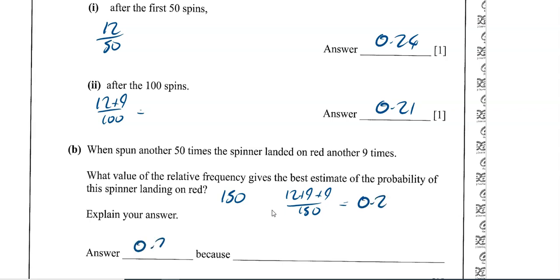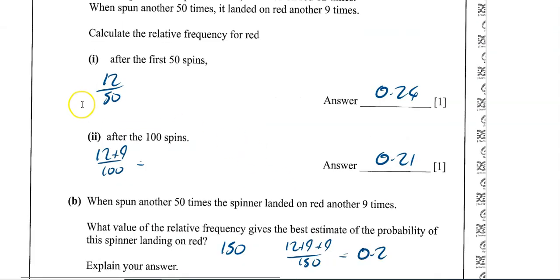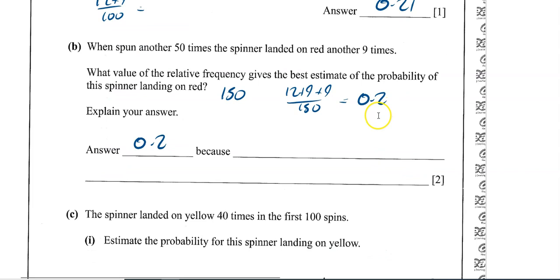And that is your best answer. Because there have been more trials, the more you do an experiment, the better the probability gets. So this first one, 0.24, was only after 50 spins, and it improves to 0.21 after 100 spins, and it's improved again to 0.2 after 150 spins. So 0.2 is the best because there were the most number of spins.